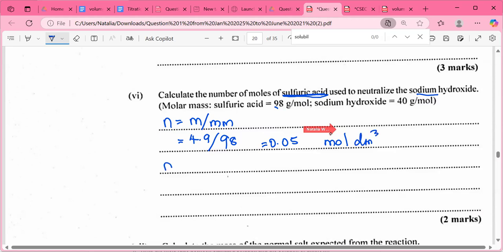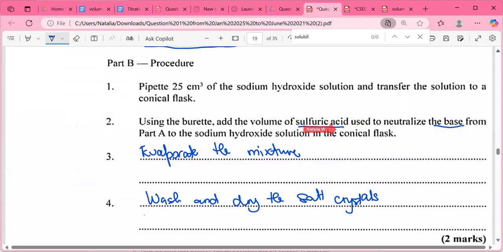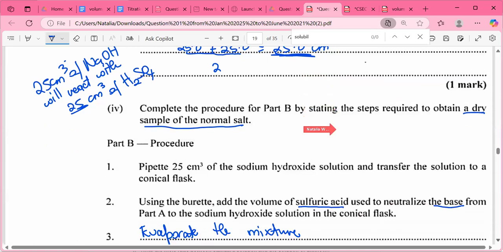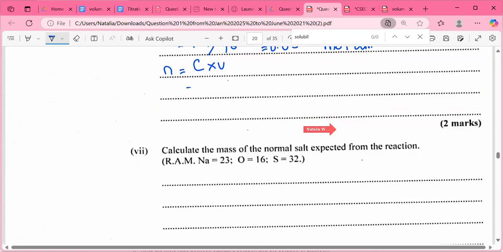So number of moles is equal to concentration times volume in dm cube. The volume of sulfuric acid I'm going to use is the average volume of sulfuric acid I calculated in part 3 of the question here. So it's 25 centimeters cube. The concentration is 0.05.